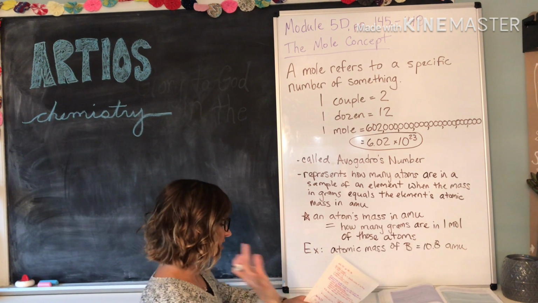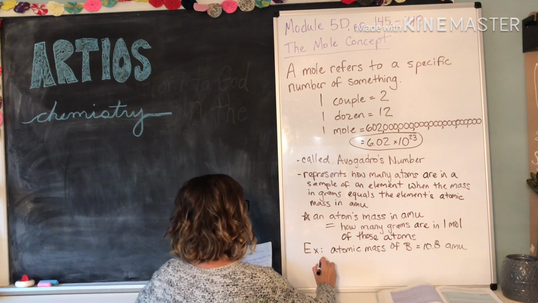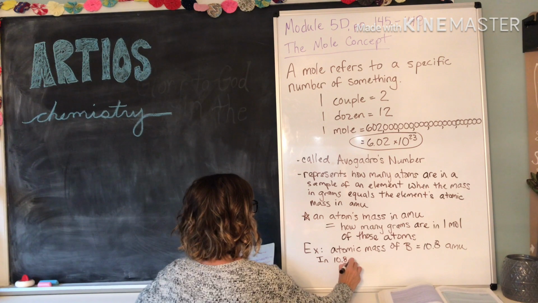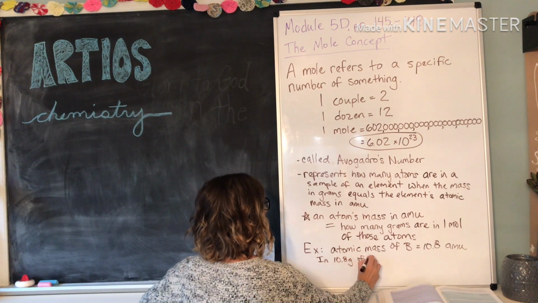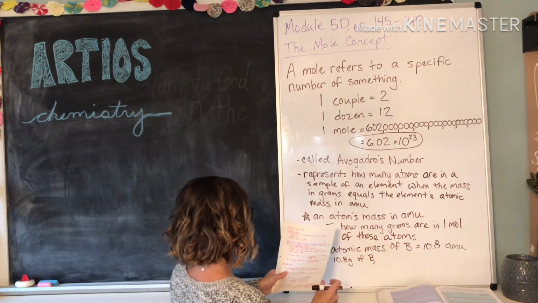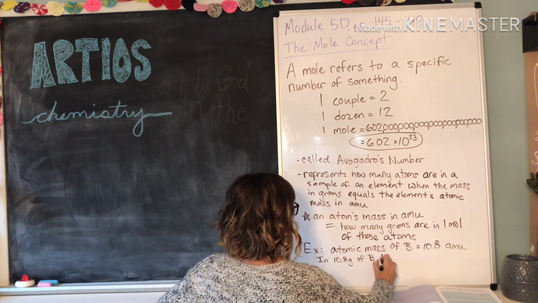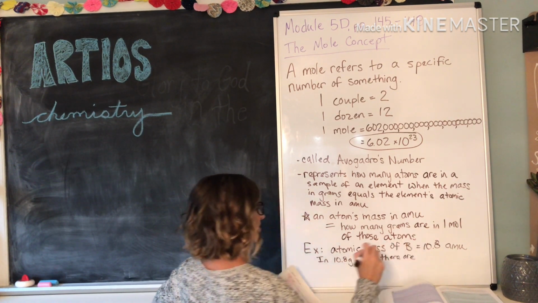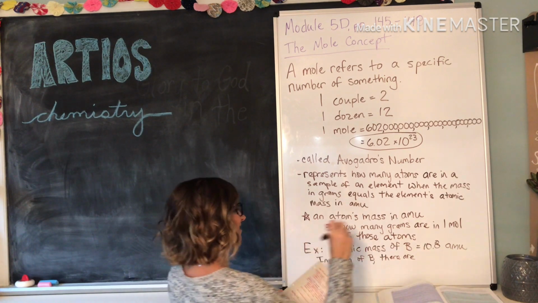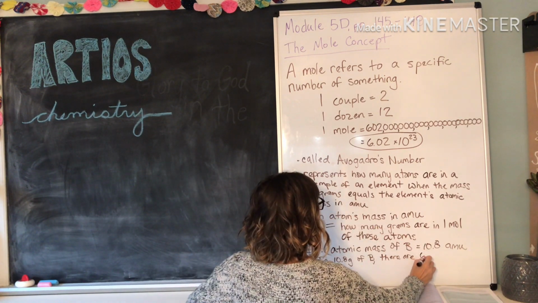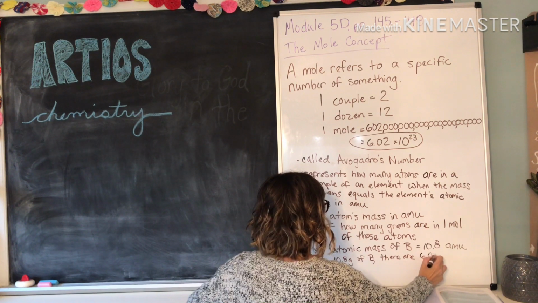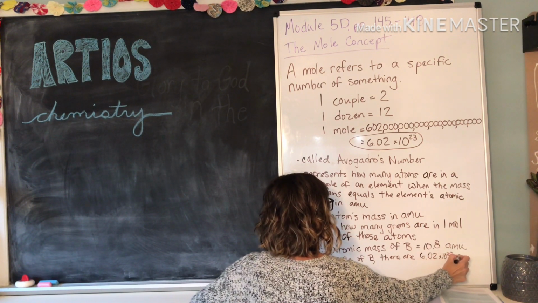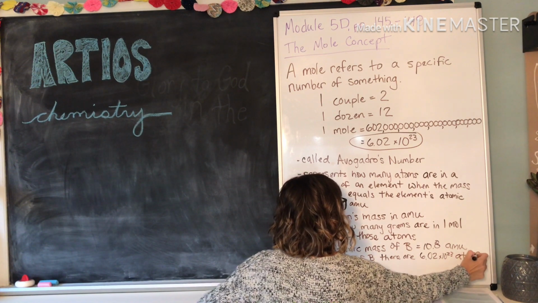Okay? This also means that in 10.8 grams of boron, there are, guess how many atoms? You got it. 6.02 times 10 to the 23rd atoms.